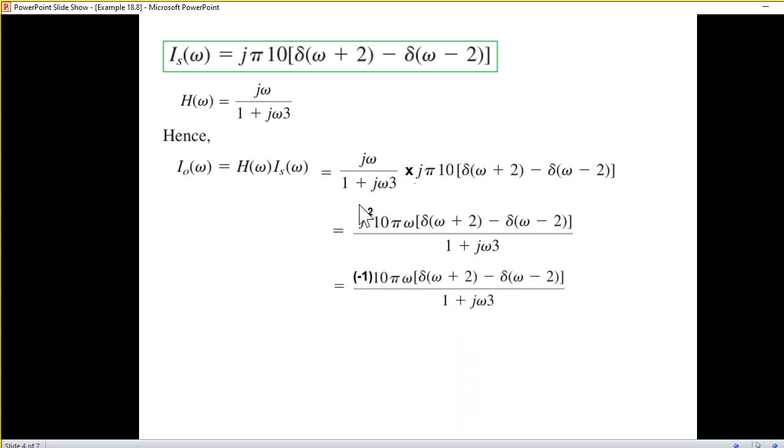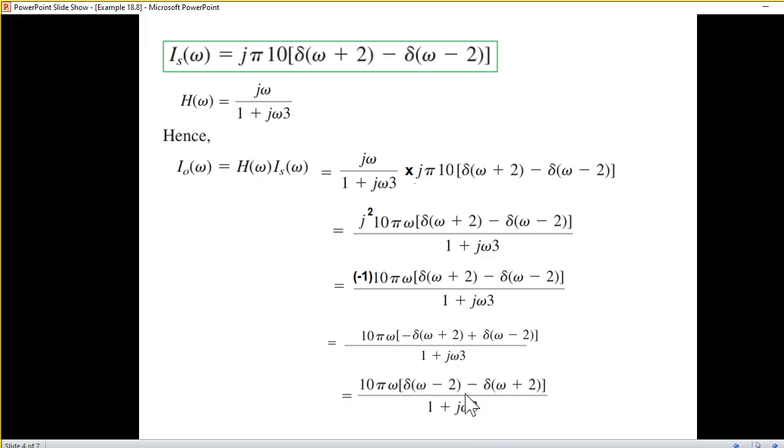Now this is the only critical part which some students might miss. j squared is actually equal to minus 1. We write that, and then we multiply by minus 1, the whole thing. Just manipulating the negative, we bring it here and the positive sign here. So this is our I_o(omega).